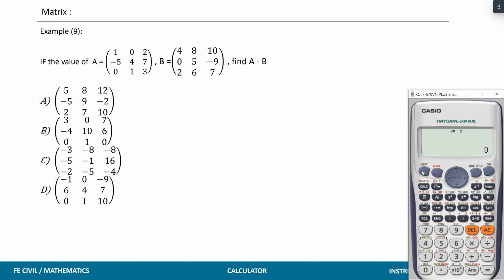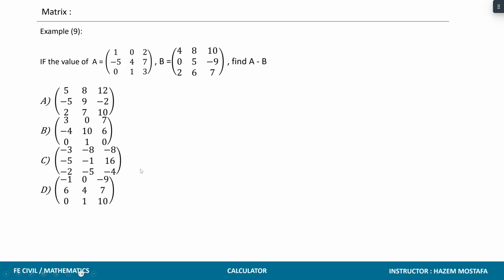So I'm gonna press shift, matrix A minus shift matrix B equals -3, -8, -8, -5, -1, 16, -2, -5, and -4, which is C.